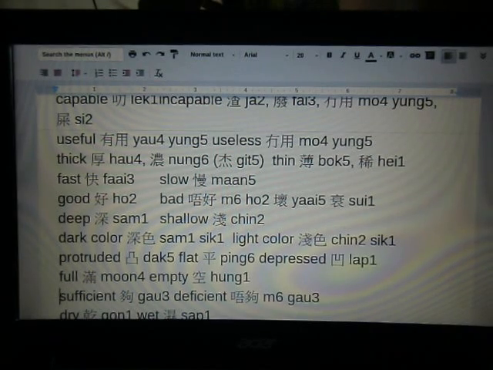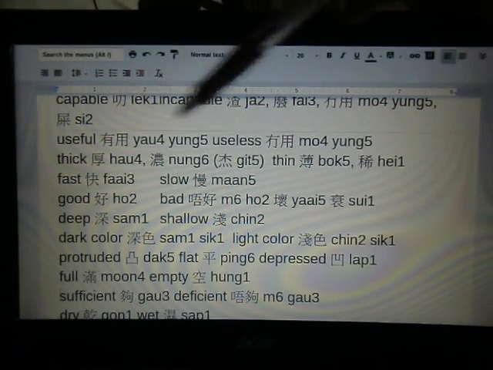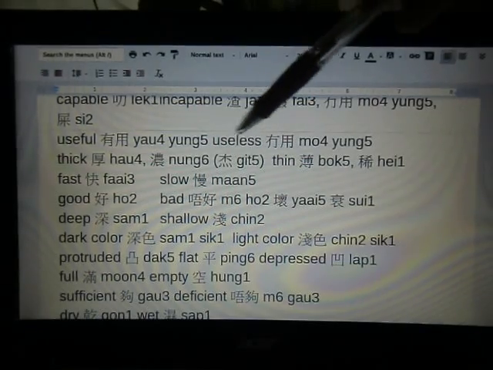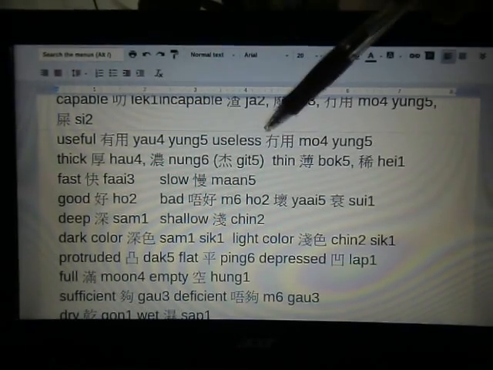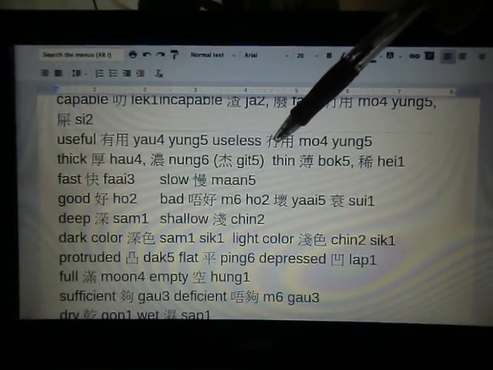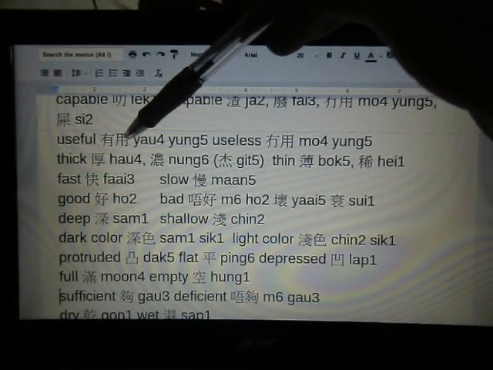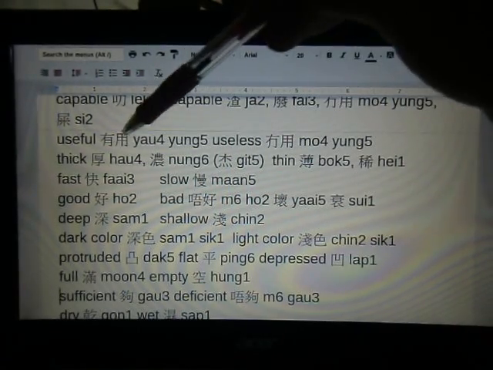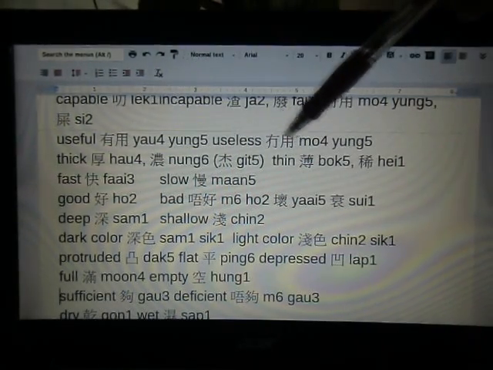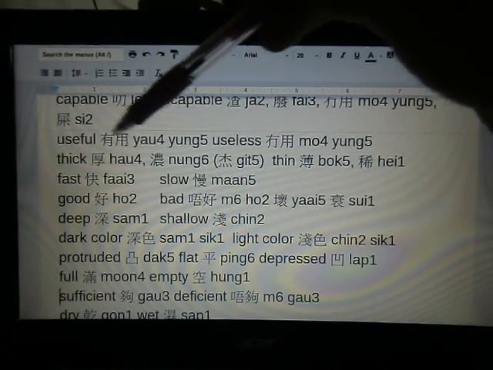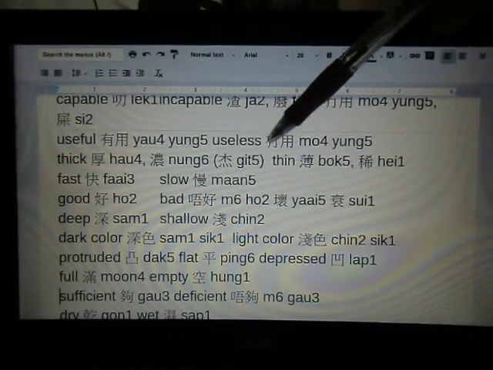You are very bad at something. And then 有用冇用, useful, useless. 有 having, 冇 having none. 用 means the usage. Using or usage. 有用冇用. Having something that is useful, and then having none that is useful.